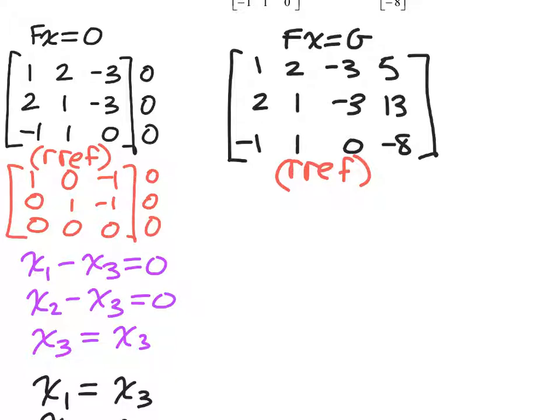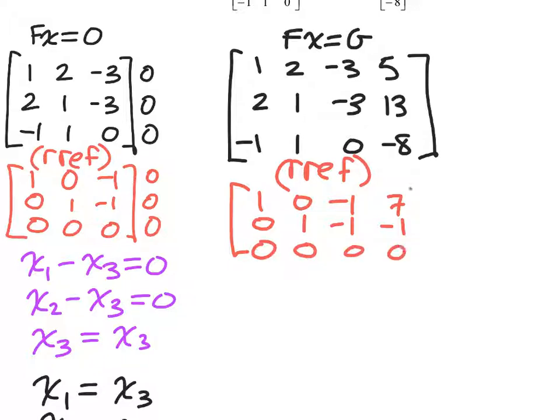There we go. Then I'll quit out, because my previous operation should be sufficient to get me that row reduced form. So we're looking at 1, 0, -1, 7, 0, 1, -1, -1, 0, 0, 0, 0.